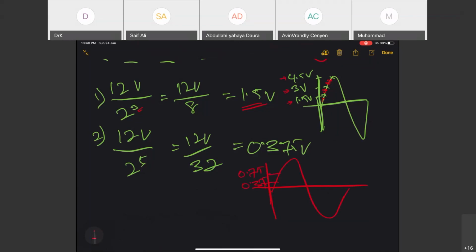I capture the next one. The next one I capture is what? 0.375 times 3, 1.125. Then 1.5. So you can see, guys, the higher the number of bits here, the more precise my system can capture.